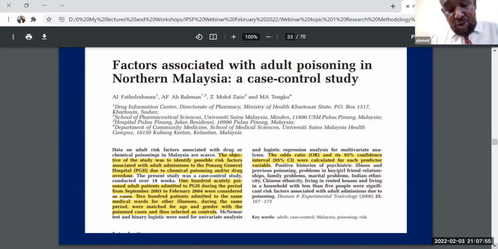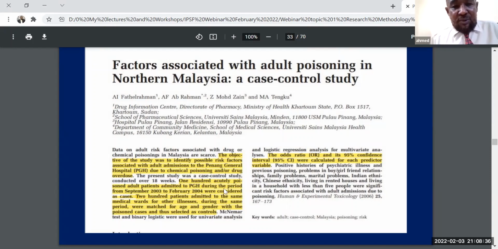In cohort study, they start with a group having the exposure and a group not having the exposure, and follow up the two groups to see in the future how outcomes develop. That means whether the outcome is more likely to develop among exposed or among non-exposed. But here it's case control. Our cases are poisoning cases, and our controls are patients admitted to the hospital for other reasons, not poisoning or drug overdose.